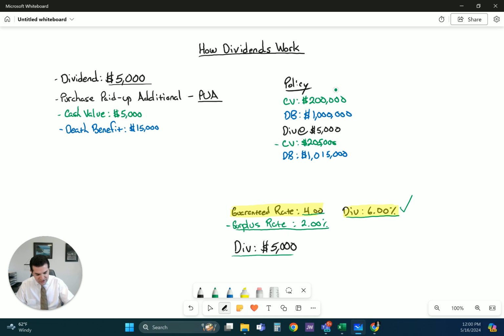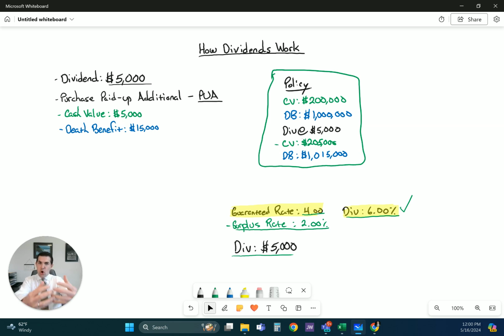So anyway, my point is the cash value grew by more than what we saw here. I just used this example to demonstrate how the dividend works with her whole life insurance policy. And when you are tracking the cash value growth of your policy, especially if you've had it for more than 2 or 3 years, you're going to see that the actual cash value growth, the total dollar amount you got from the insurance company, is going to be more than what they told you you received in dividends, which is a good thing.